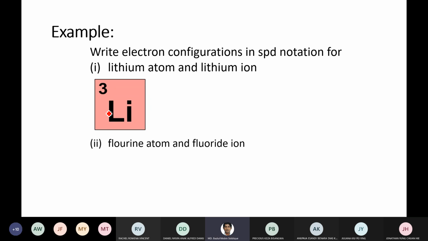Lithium is a metal, and more precisely it is called an alkali metal. Since it is a metal, electrons will be released from here, and it will form a positive charge.